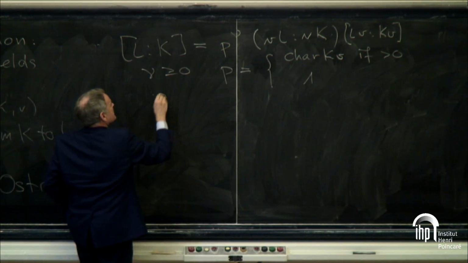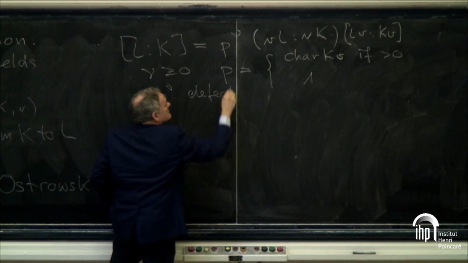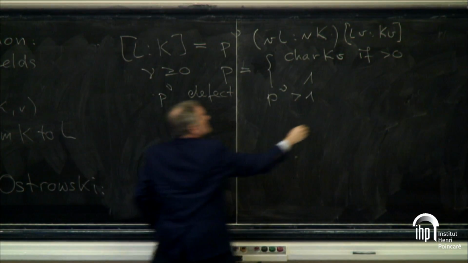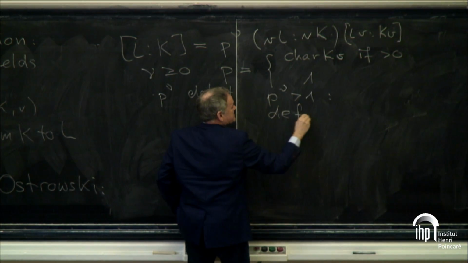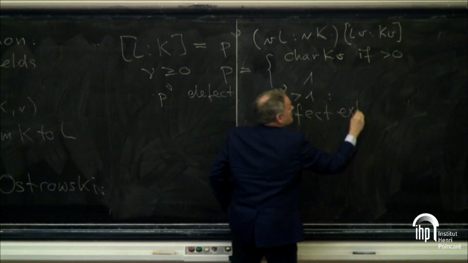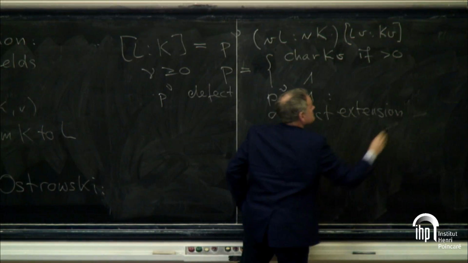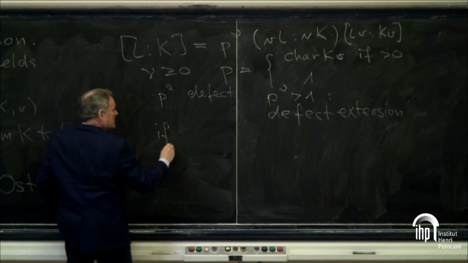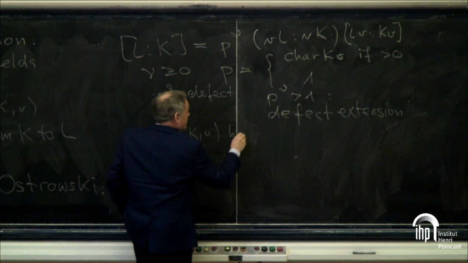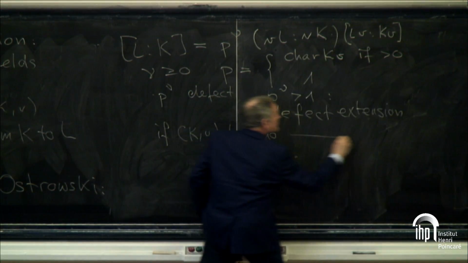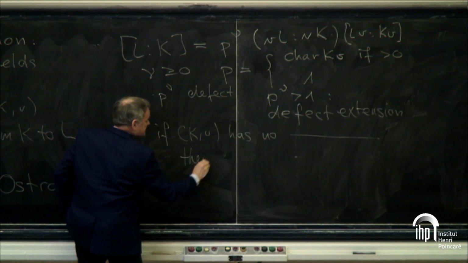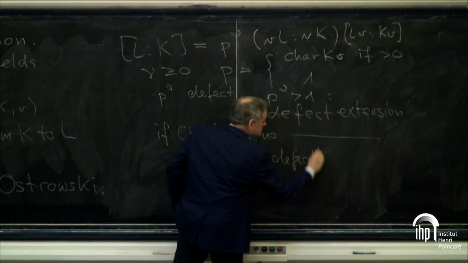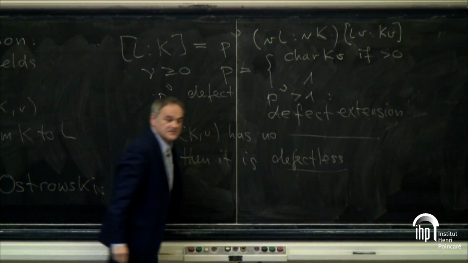So p to the nu is the defect, and if it's bigger than 1, then we call this a defect extension. Otherwise, if KV has no defect extensions, then it is called defectless. So that was already used.